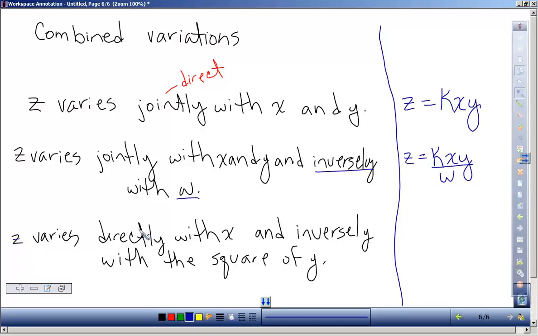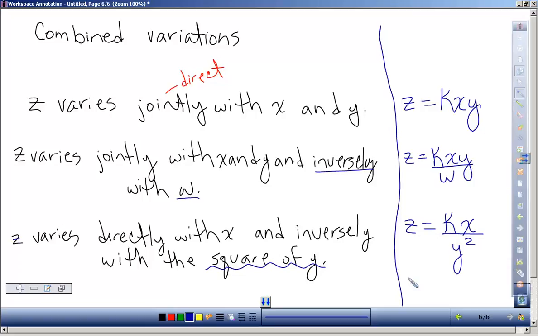So if z varies directly with x and inversely with the square of y, again, I recognize that varies is my equal sign. So z varies directly is k times, so that'll be k times x. Inversely is k divided by, so that means I'm going to divide by something, and this time I just happen to be dividing by the square of y. So you can have other relationships thrown in there as well.